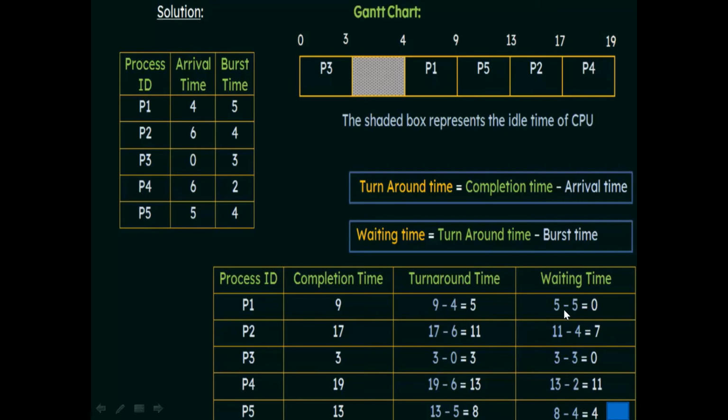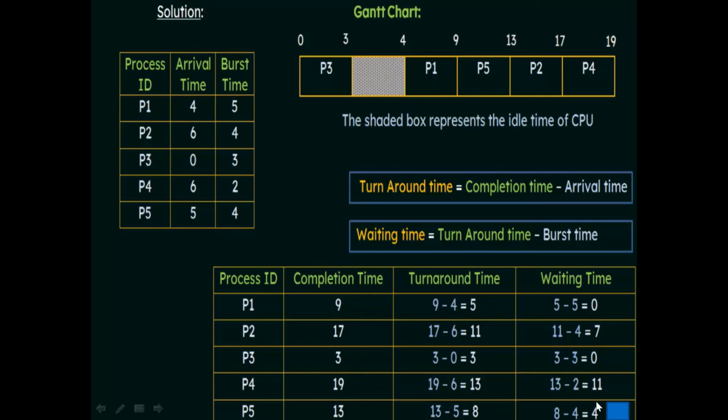So the waiting time will be 5 minus 5 is 0. For P2, the turnaround time is 11 and the burst time is 4. So the waiting time will be 11 minus 4 is equal to 7, and so on.